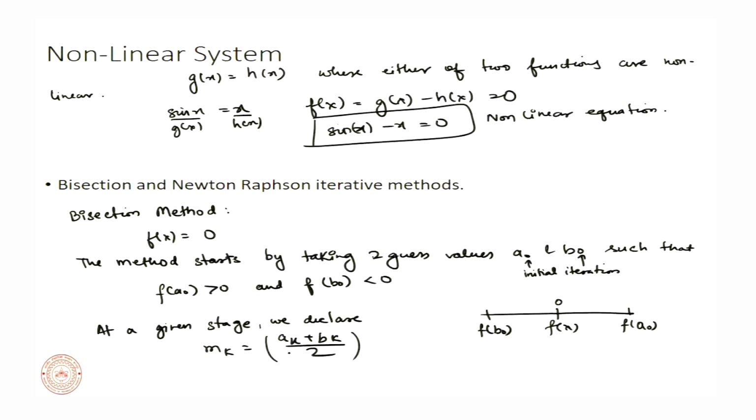So once you have found m of k, there can be three situations. The first situation is that f of a k is greater than 0 and f of m k is less than 0. Again let us draw a line. The same line where this was 0 is the f(x) values and we are putting different x values.